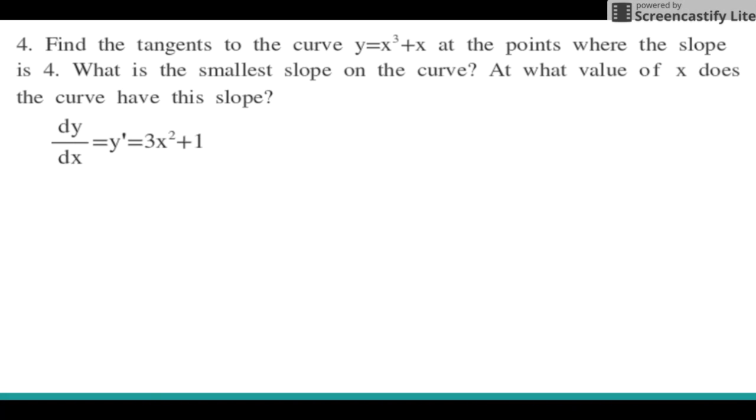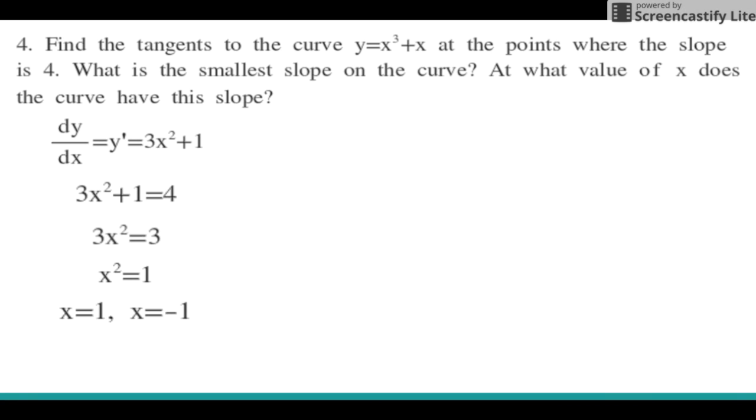That's going to be 3x squared plus 1. Now we set that equal to 4 to find any points at which the slope is 4, since the derivative is equal to the value of the slope. When we solve for x, we end up with x equals positive or negative 1.